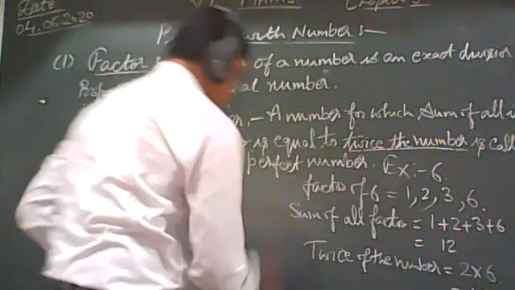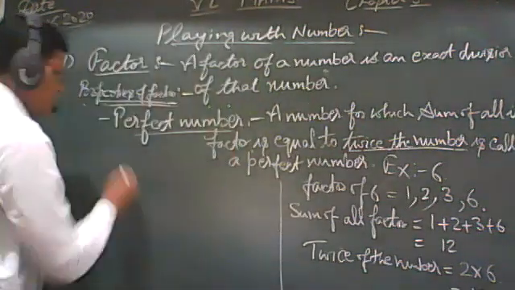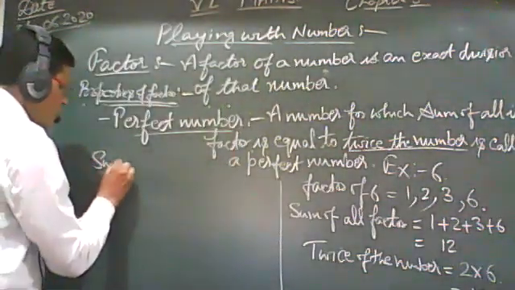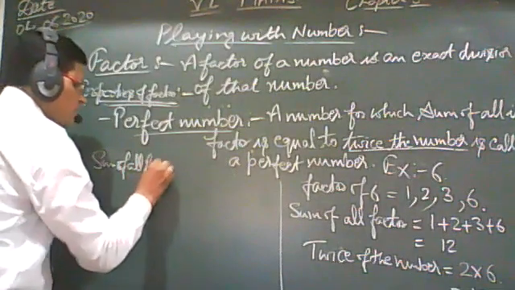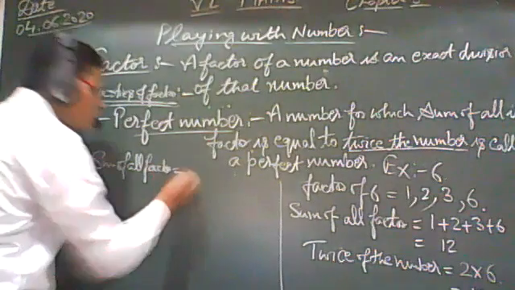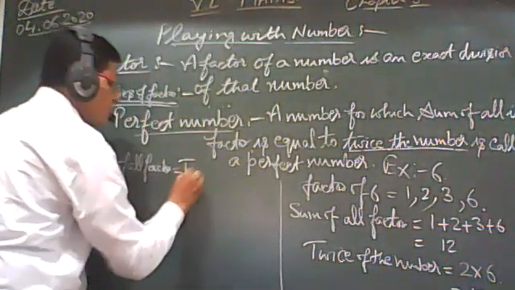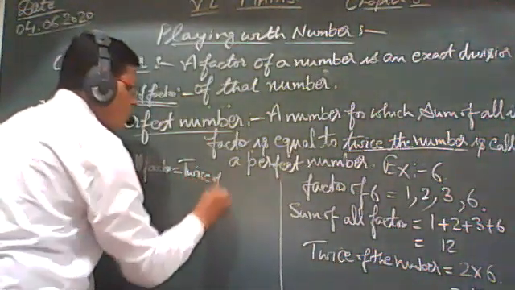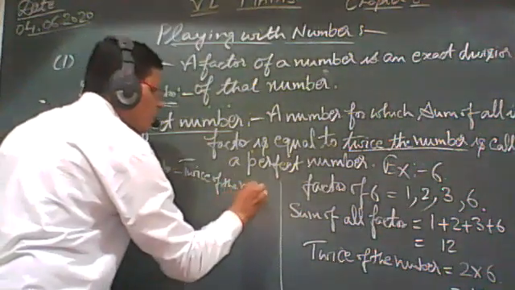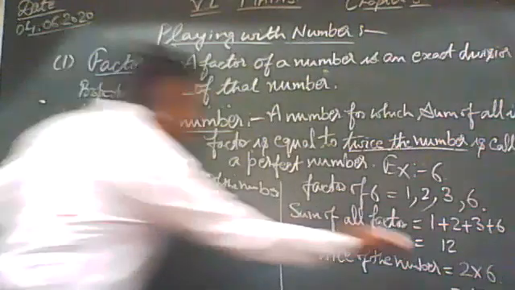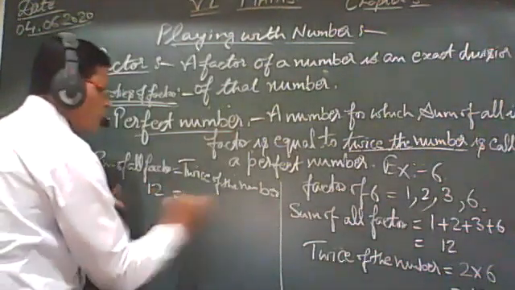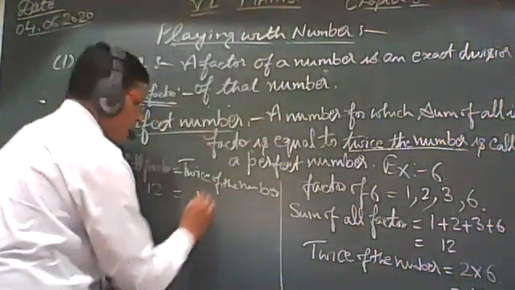The definition says the sum of all factors equals twice the number. And here both the sum of the factors comes 12 and twice the number also comes 12.